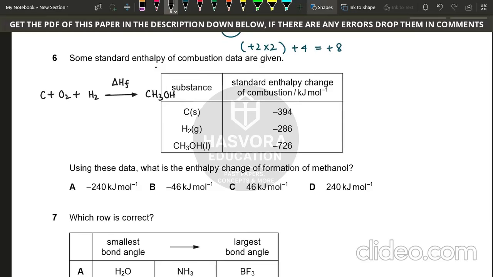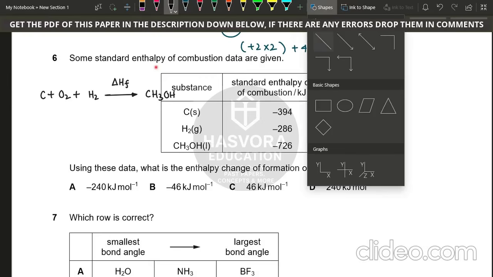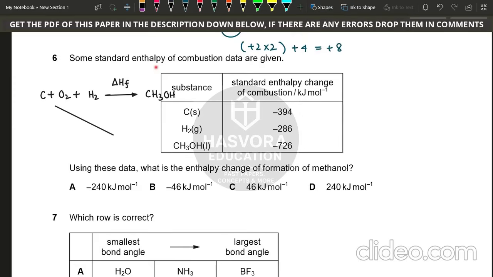So each of them reacts with oxygen, or they are oxidized, or you can say combusted, to form CO2 plus water. So you can just clearly do it like this, one arrow like this, so it will be CO2 plus H2O, and this methanol will also combust to give the same.